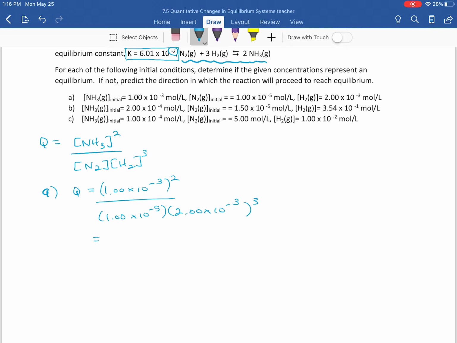When I solve for those numbers, and once again, do the calculations yourself, you have my answer, but you need to make sure that you know how to use your calculator properly. When I plug all these into my calculator, I end up with this value. Don't forget you were given a K up here. In this situation, Q is way bigger than K.